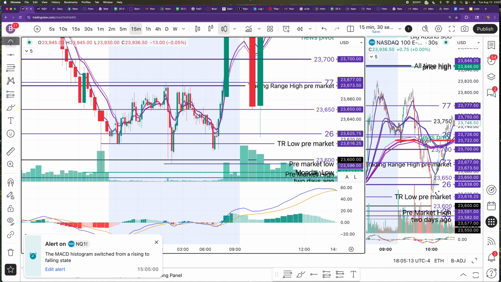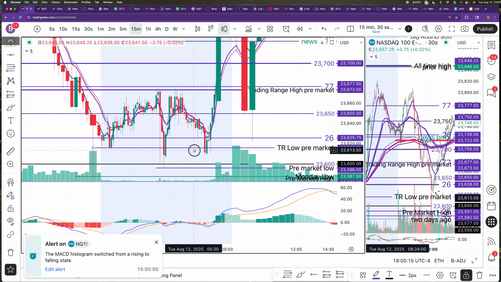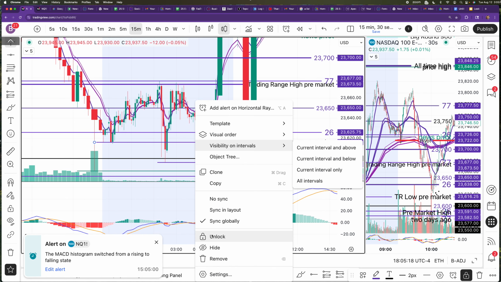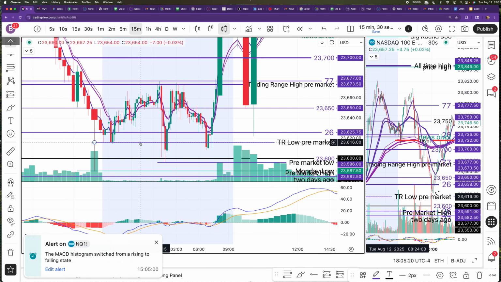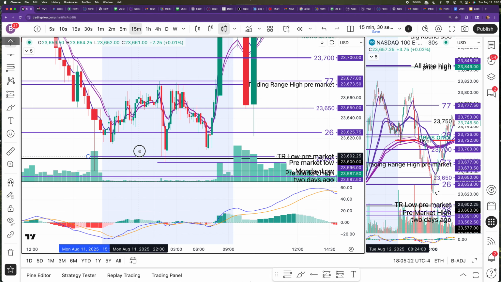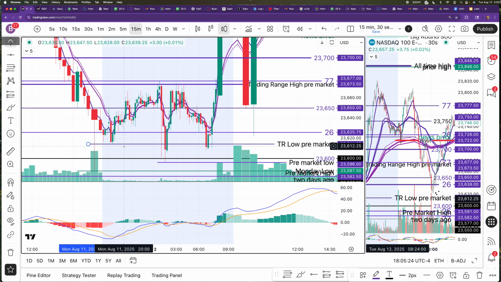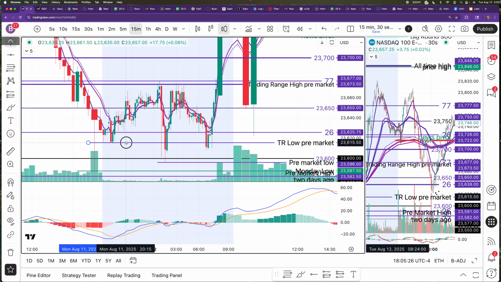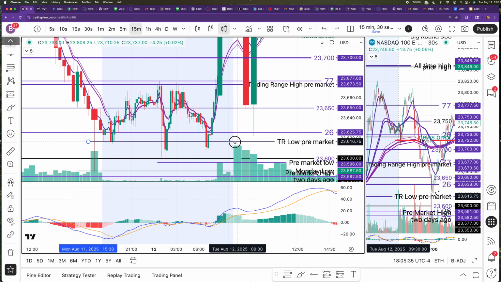So let's find the spot where you have these swing lows that happen in the pre-market, as many touches as we can. If I look here, I can have the line touch this swing low, these swing lows, and these swing lows, okay? So that's what I'm going to call my trading range low of the pre-market.